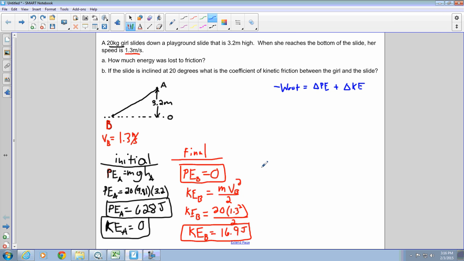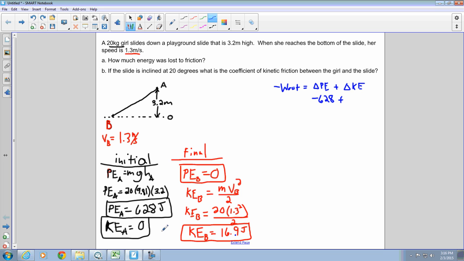So our change in potential energy, final minus initial, 0 minus 628, that's a negative 628, plus our change in kinetic energy. What's our change in kinetic energy?